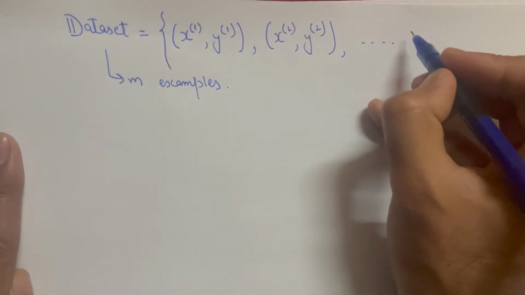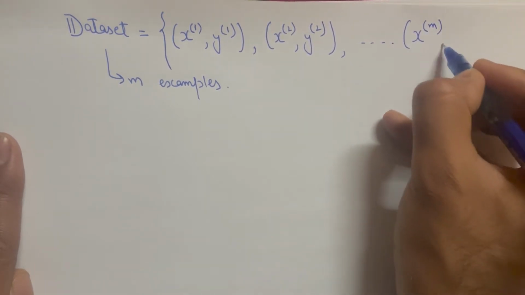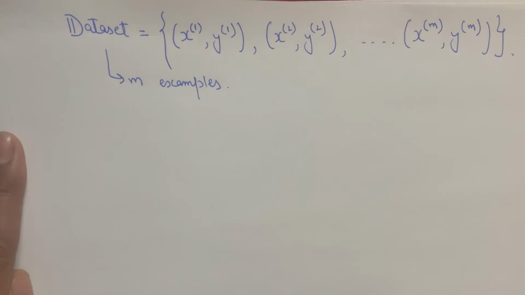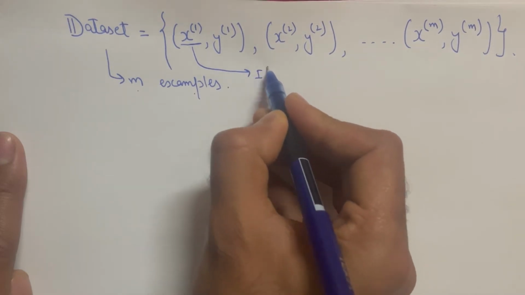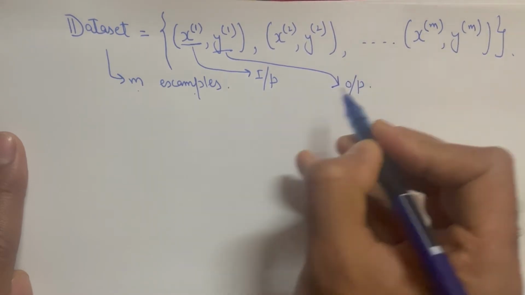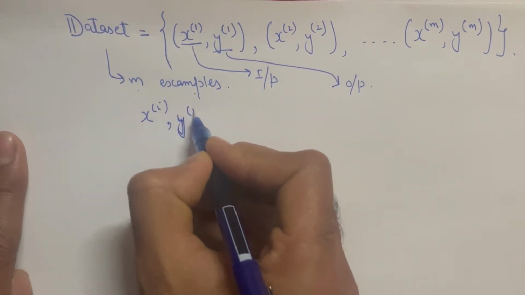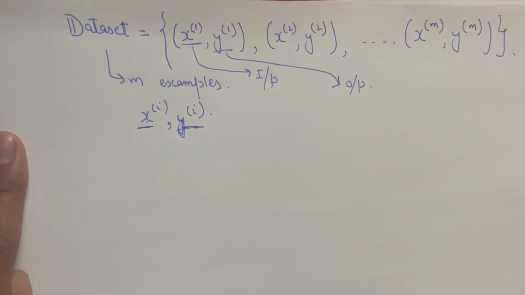And it will go up to xm, ym. So this will be our data set, with m examples in total. Every input is x and this is our output. So the ith example can be written as xi, comma yi. For the ith data point, xi is its input and yi is its output.